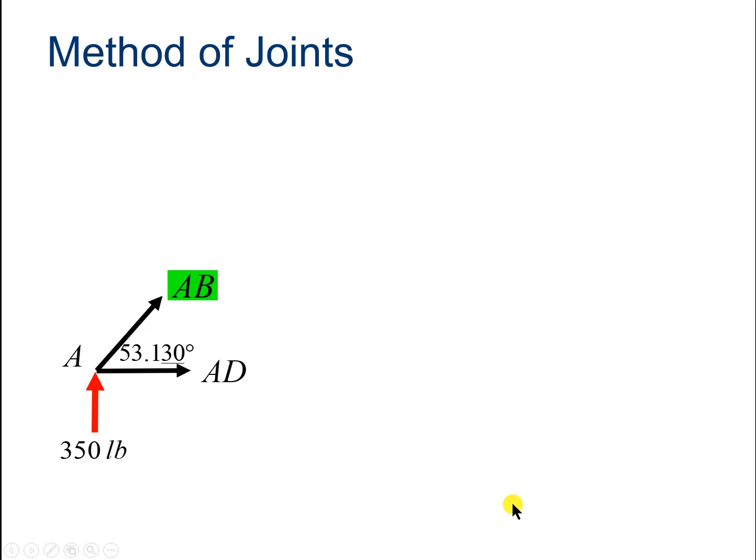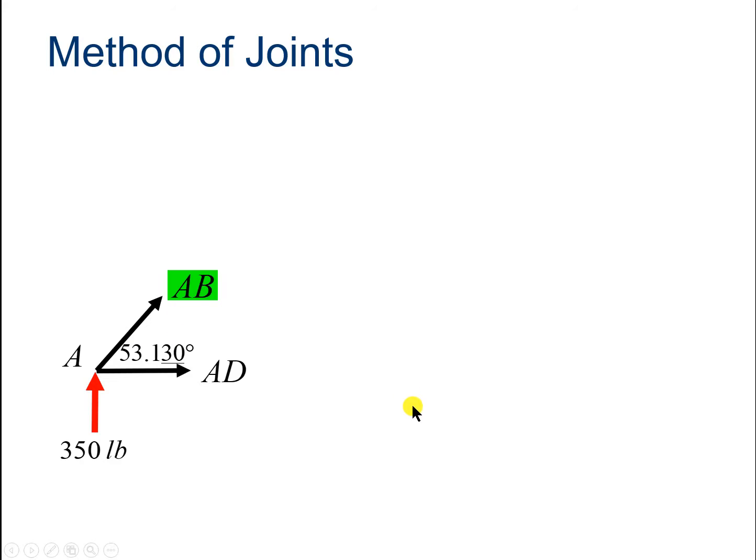So let's take a look at point A. Recall that it had 0 reaction force here, so we can ignore that. So we've got 350 pounds going straight up vertically. We've got some unknown force AD, some unknown force AB, and we've got this angle of 53 degrees.